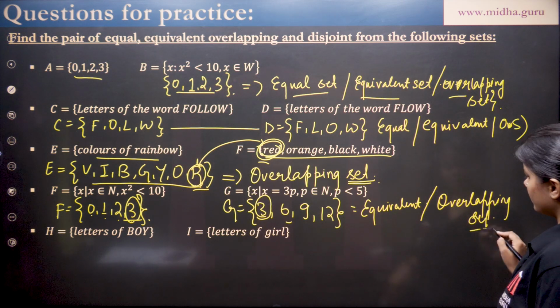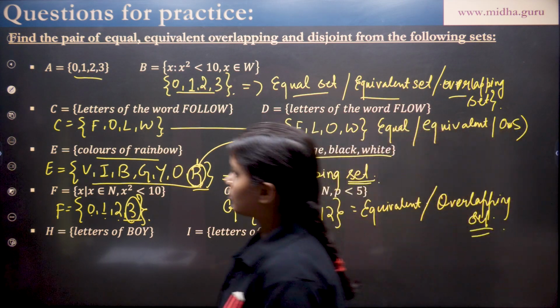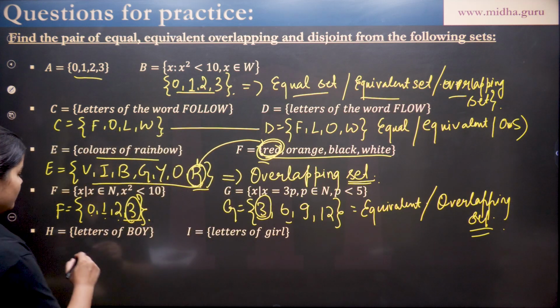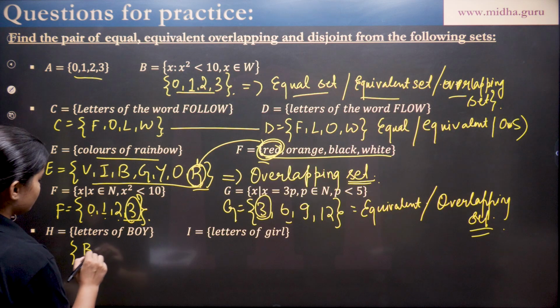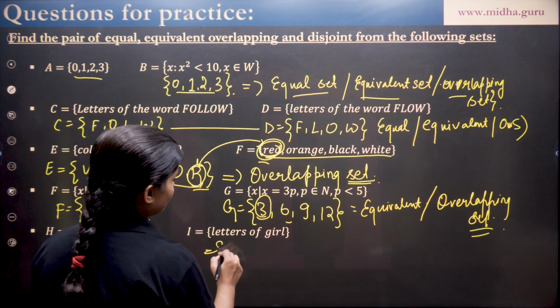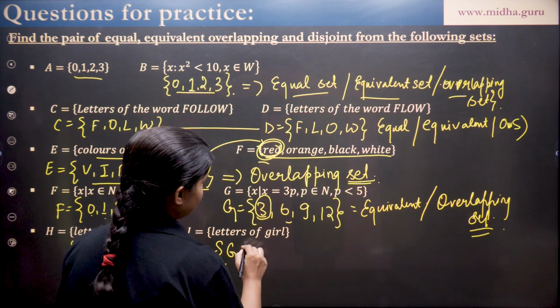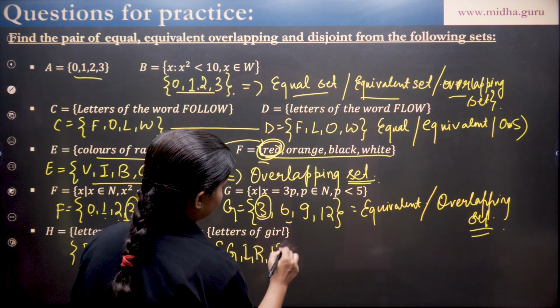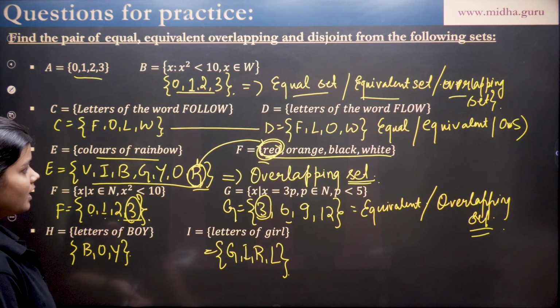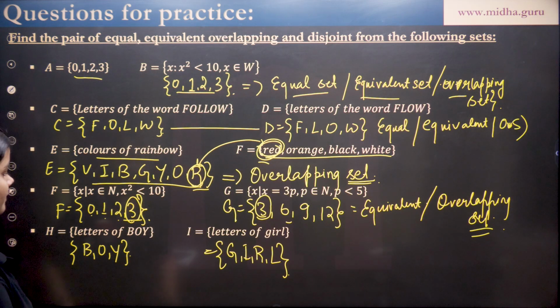Okay, now the last question of this is letters of the word boy. So the letters of the word boy are B, O, Y, and the letters of the word girl are G, I, R and L. So is there any element common?